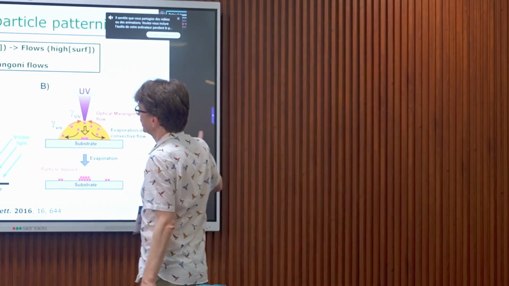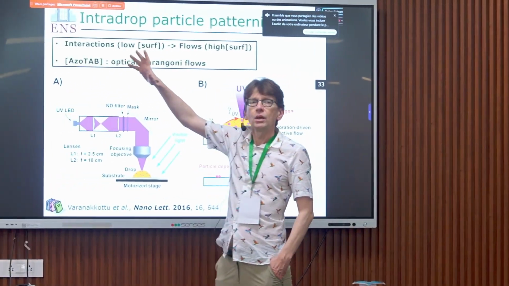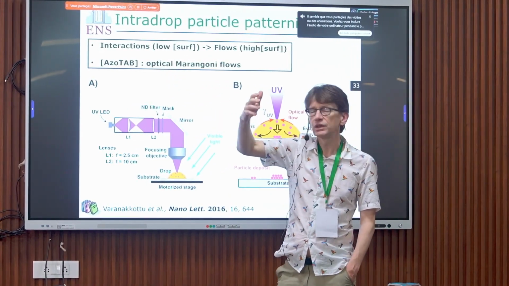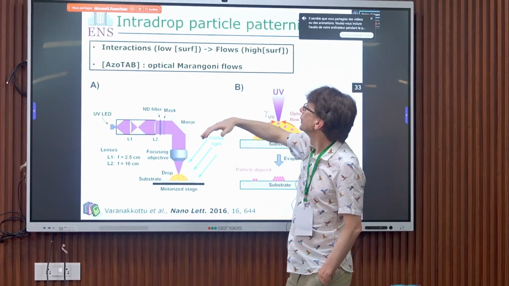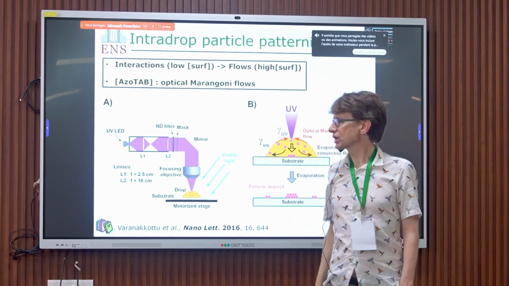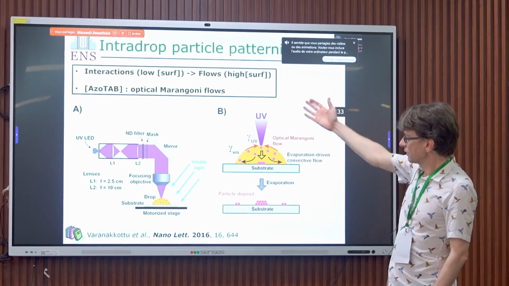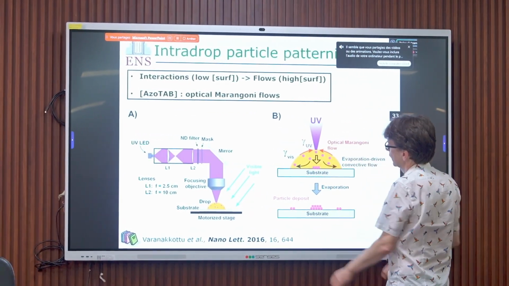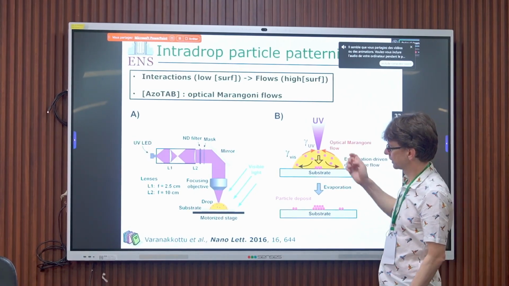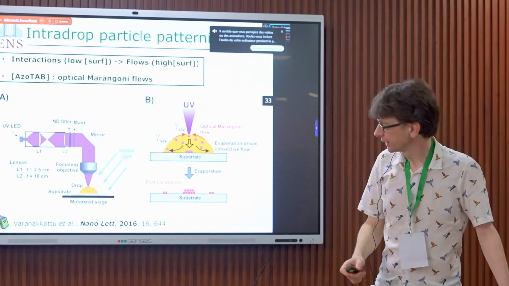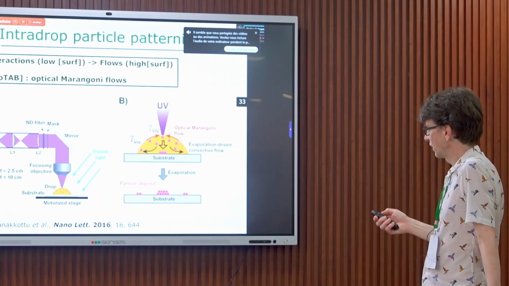This is what we did before at low surfactant, but Marangoni flows, you know, because coffee ring effect is about interactions and flows. So to go toward flows, we decided to go to high surfactant concentration, and then we just generate Marangoni flow. And when you generate Marangoni flow on the surface, you can develop some bulk flow, and we will use this to trap particles inside the droplets.